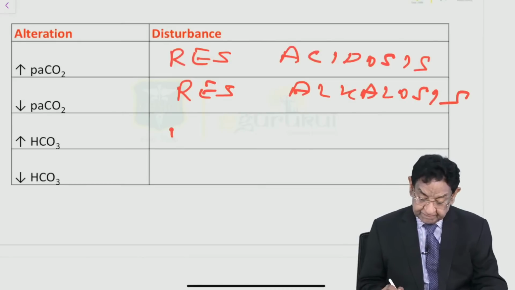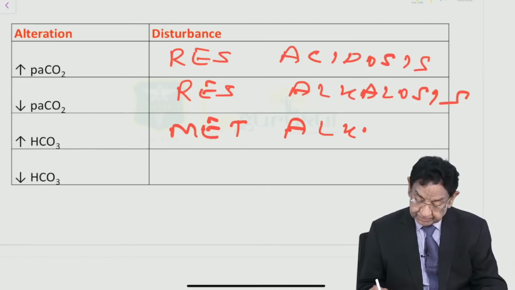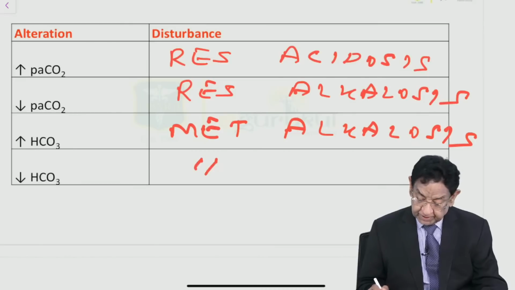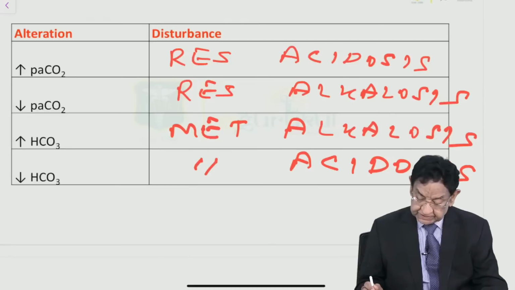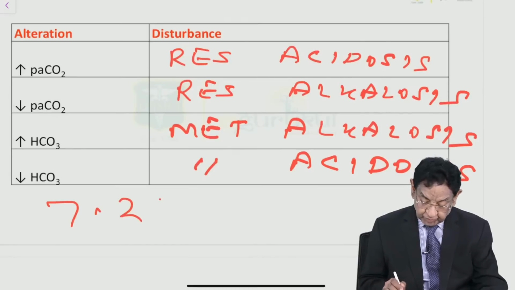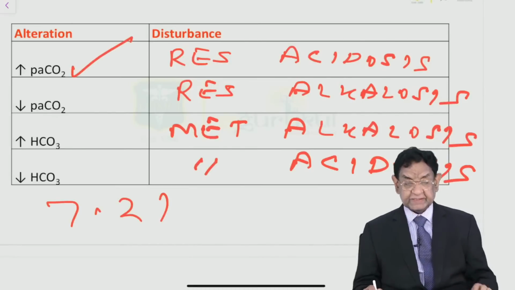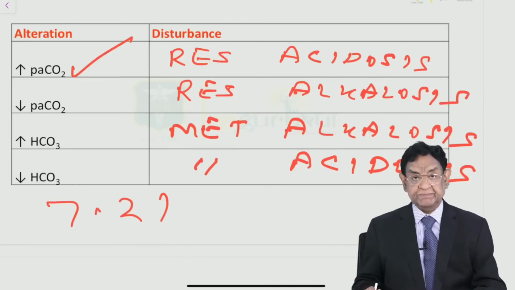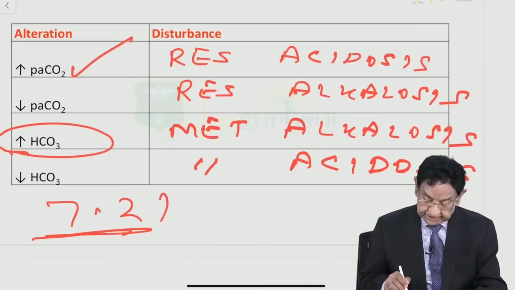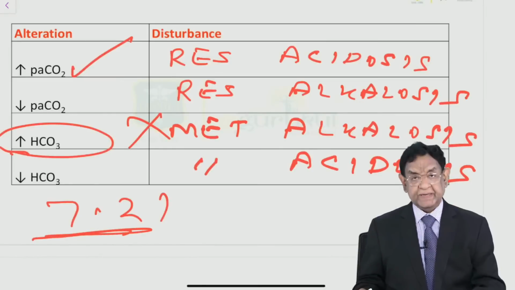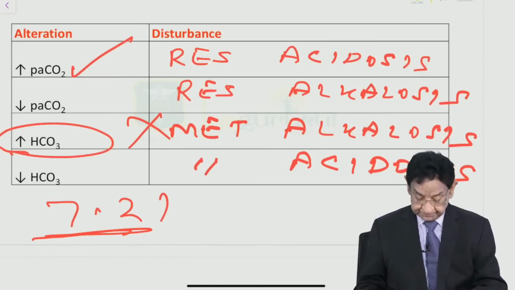Increased bicarbonate, metabolic alkalosis. Decreased bicarbonate, metabolic acidosis. Since the pH is 7.21 and CO2 is increased, the best answer is respiratory acidosis. Bicarb is increased but pH is decreased, so this cannot be metabolic alkalosis.